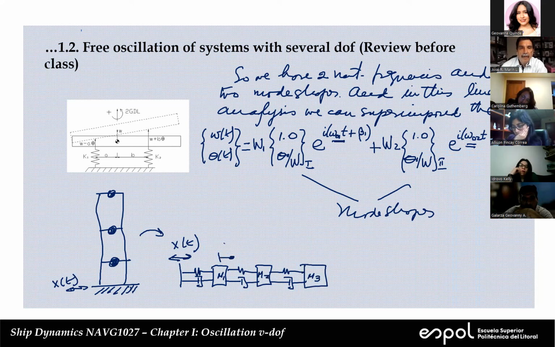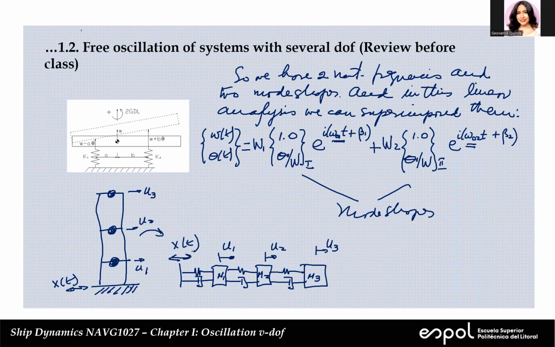Okay, so here we have 3 degrees of freedom, U1, U2, U3. In the real world, this is going to be U1, this is U2, this is going to be U3. So in our case, this motion, x of t, is going to be imposed. So I know what x of t is. And we want to determine U1, U2, U3.